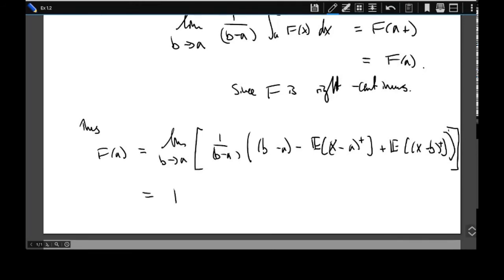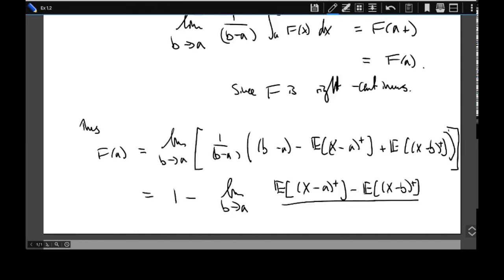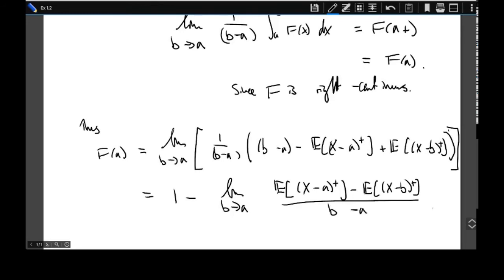We can cancel out one of the b minus a's and take that out of the limit. But this is just like notation now. Essentially, we're moving things around. No, they got minus outside, so b minus a on the bottom.